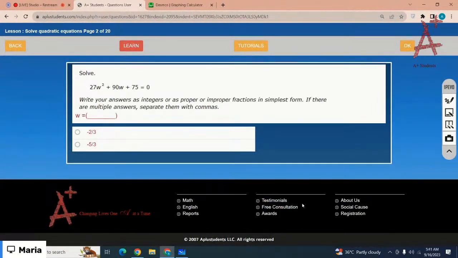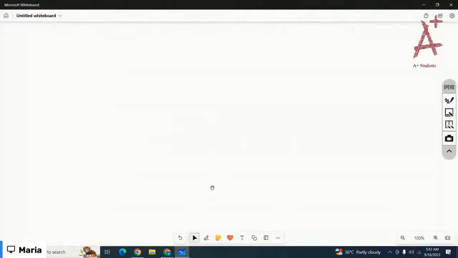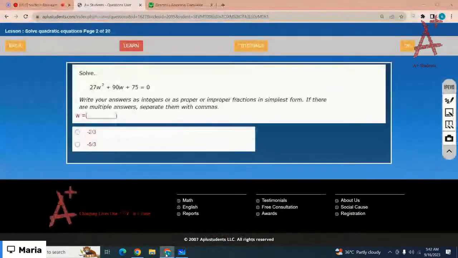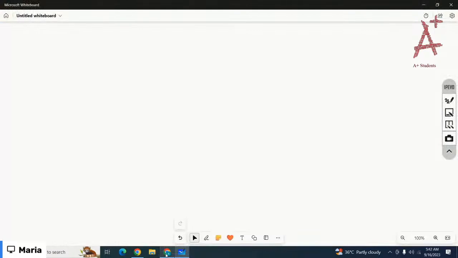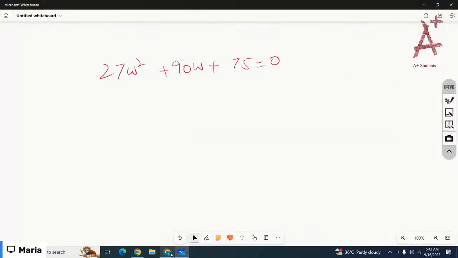Okay, the second one is 27w squared plus 90w plus 75 equals 0. We have to divide this equation by 3, I think. Let's see.